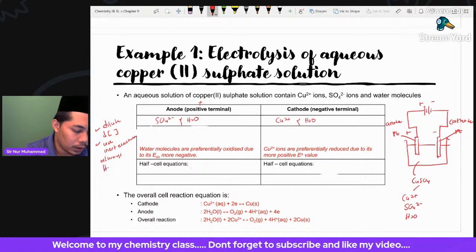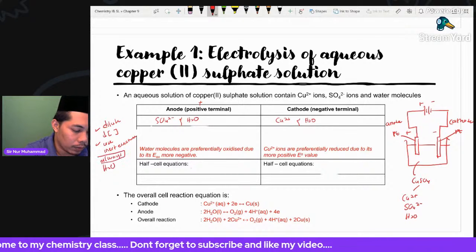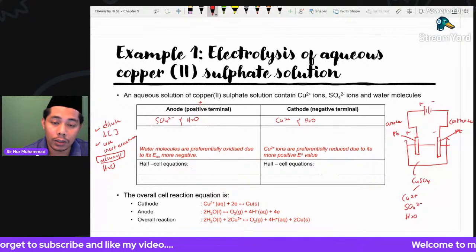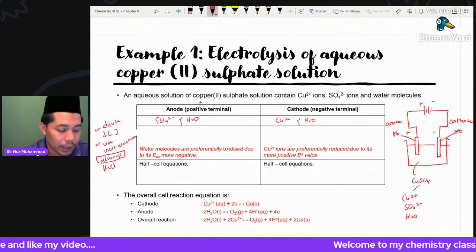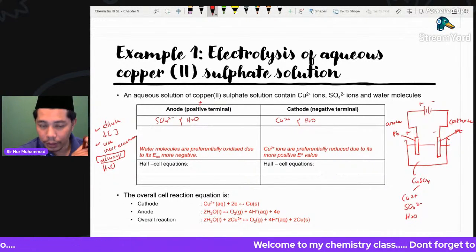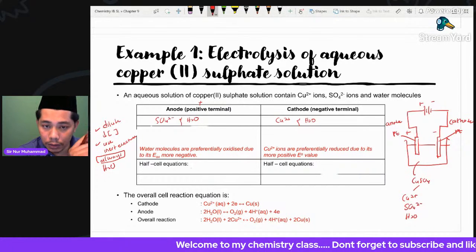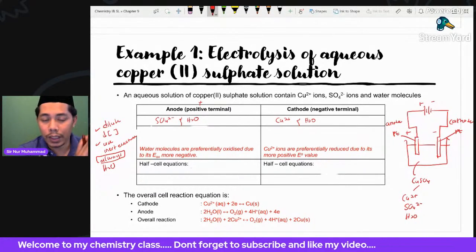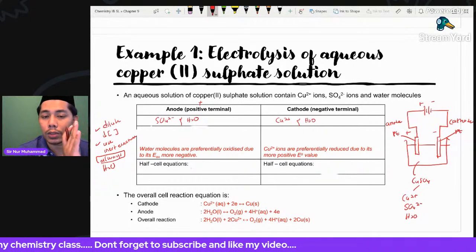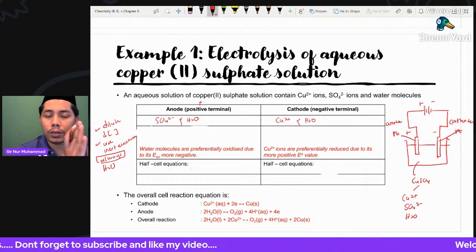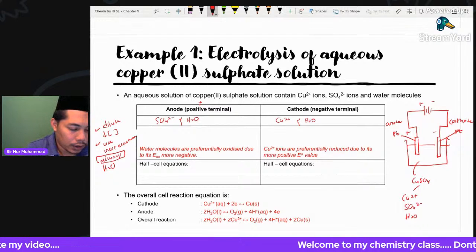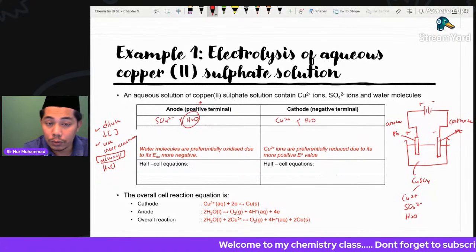Always water. Okay, remember that. So the ion discharged at the anode depends on the concentration and on the type of electrode. If the electrode that we use is inert and the solution is dilute or low concentration, water always discharges at the anode. So at the anode, water will be discharged.